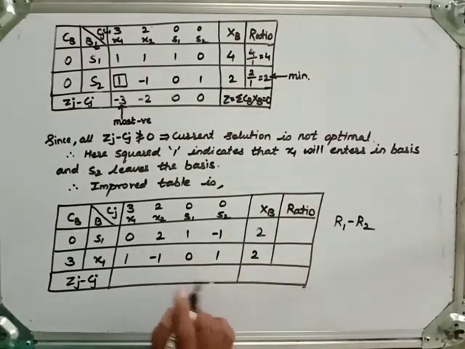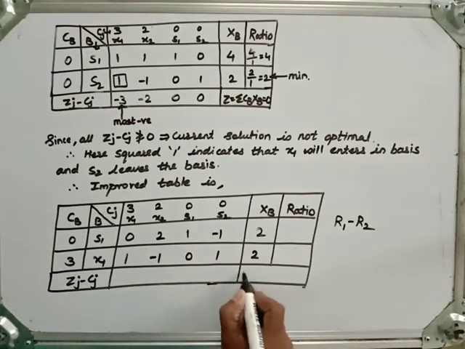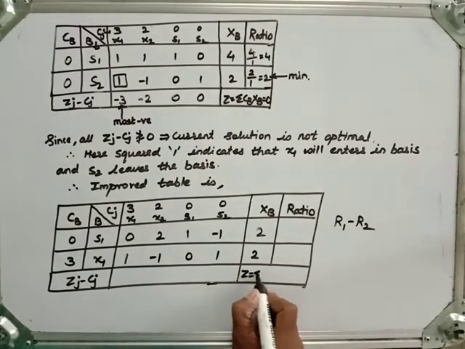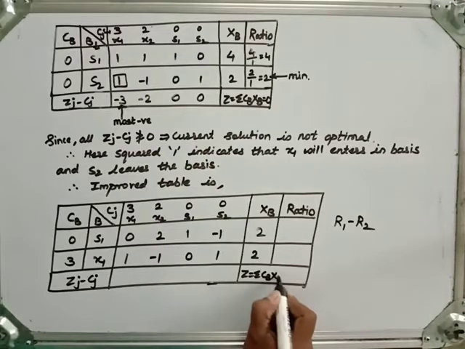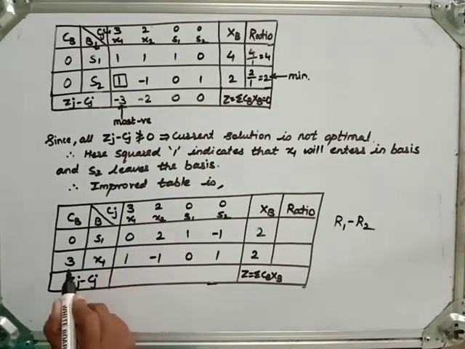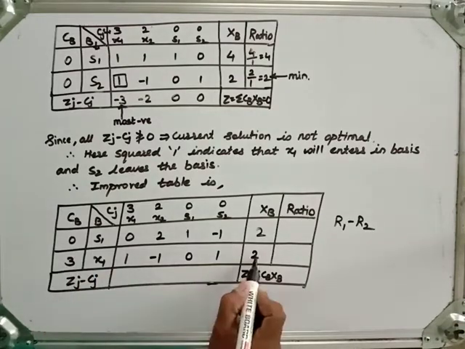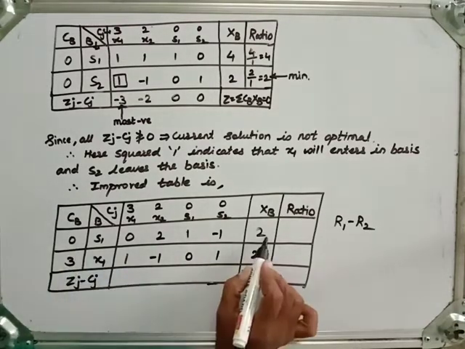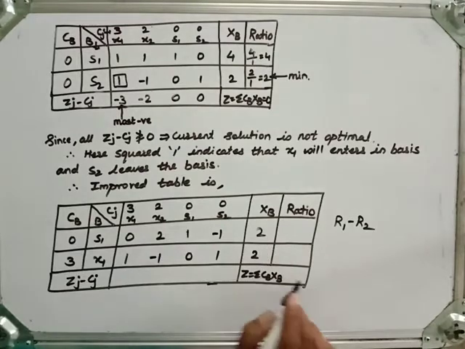Okay. Now this is our table. Now again let us check whether this one is optimal or not. What is Z here? Z is 0 into 2 will be 0 plus 3 into 2, it will be 6. So the value of Z is 6.